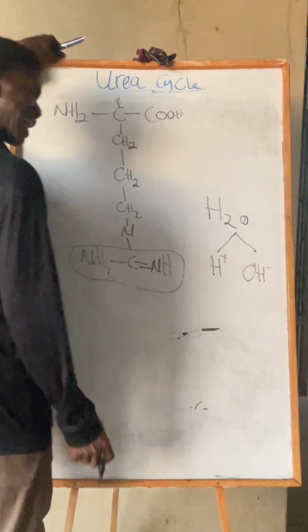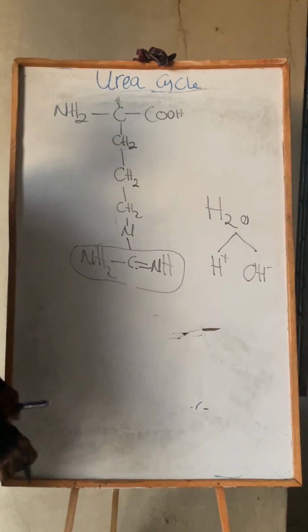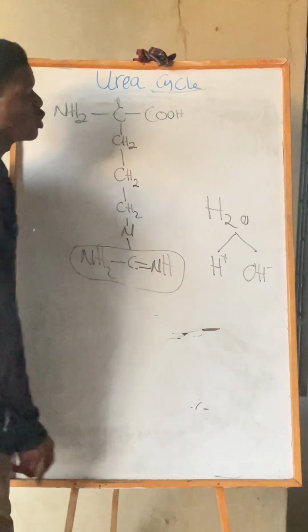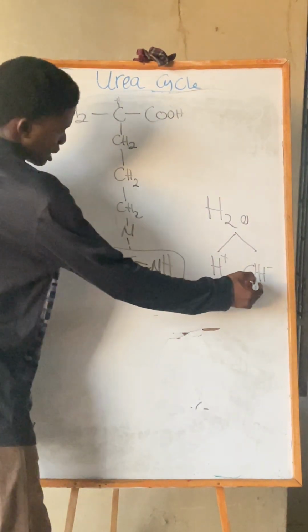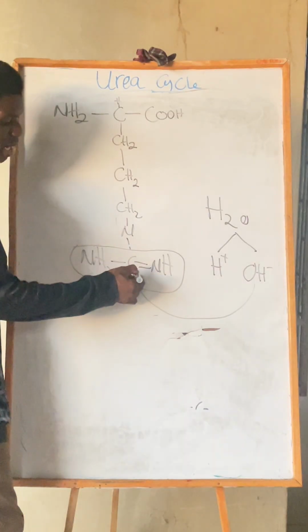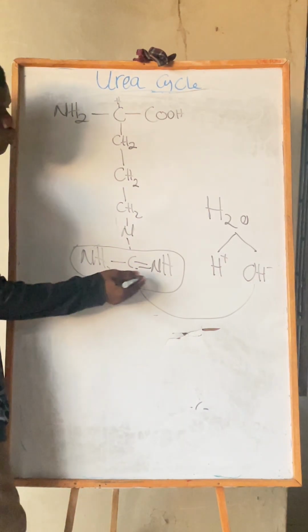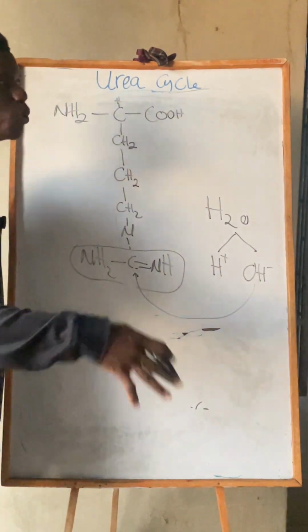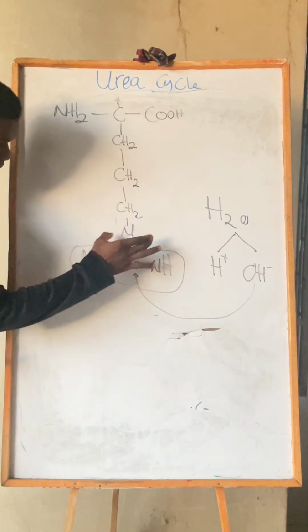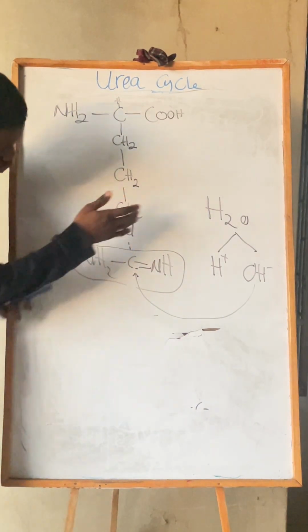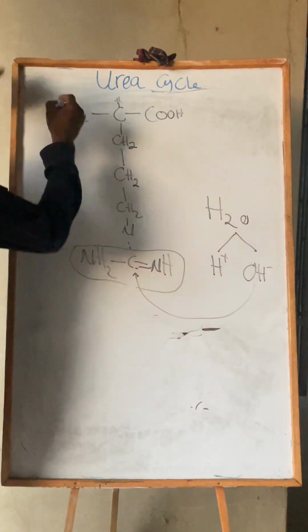So now I cannot just get my oxygen directly. Most times you don't just get your oxygen directly. So now when water breaks this guy down, hydroxyl will come here. By the time hydroxyl is attached to this one, you can deprotonate, that is remove the hydrogen. Remove this part. Let's assume this part is out now. So this is all we have now. This one is not there anymore.